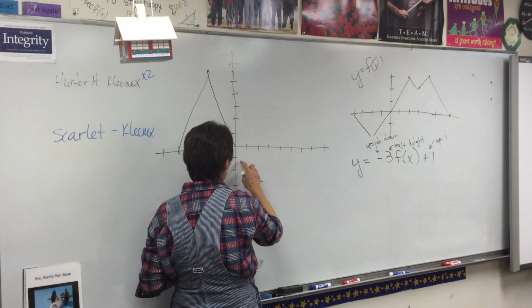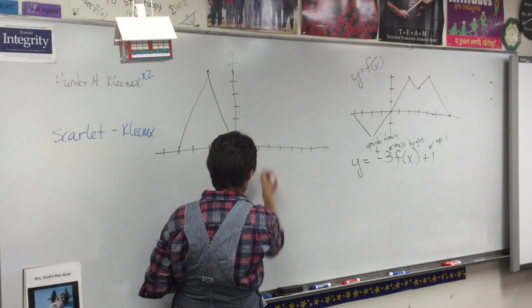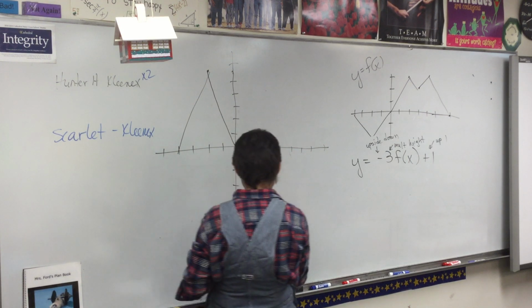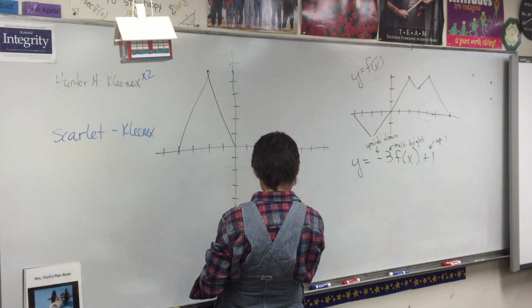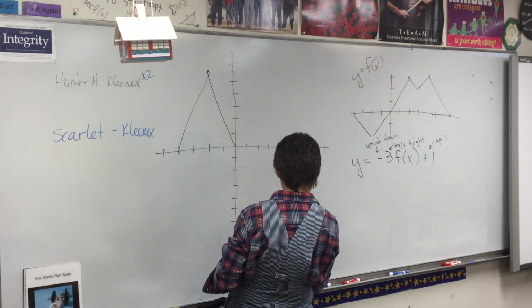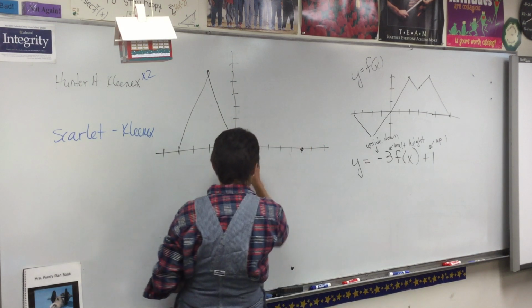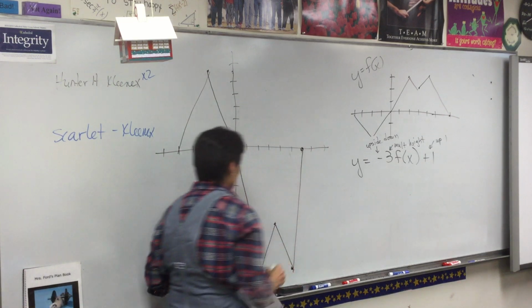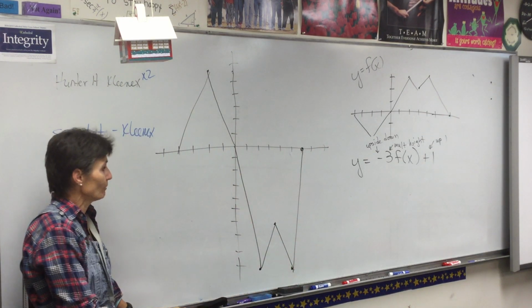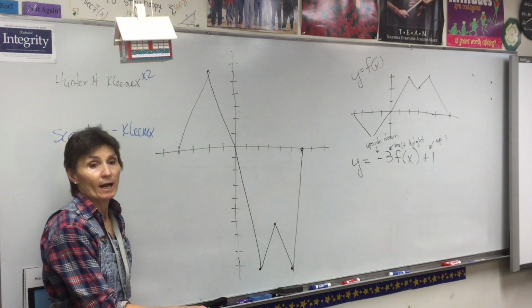He's 3 tall, 1, 2, 3, 4, 5, 6, 7, 8, so he's going all the way down to 9. So there he is. Everything flipped over and 3 times as tall.